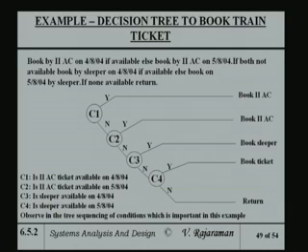If it is not available, then find out if AC second class is available on the next day, and if it is available, book, else you look for a sleeper and book sleeper, else you go to the next day, and if it is available, book for a sleeper. If nothing is available, then you return. Okay.